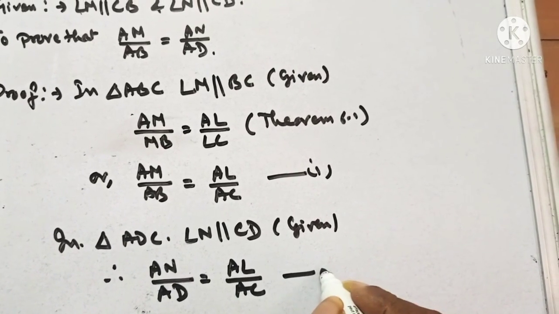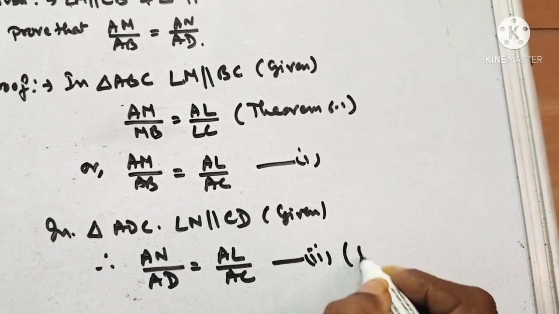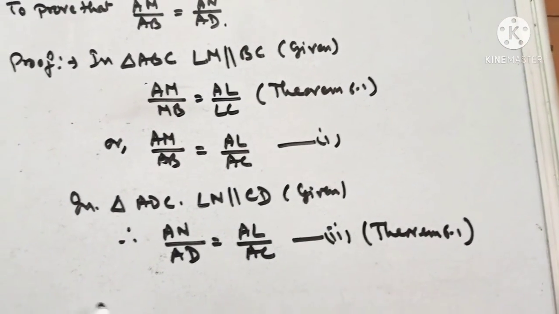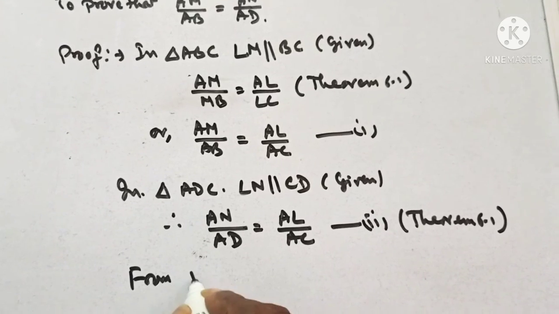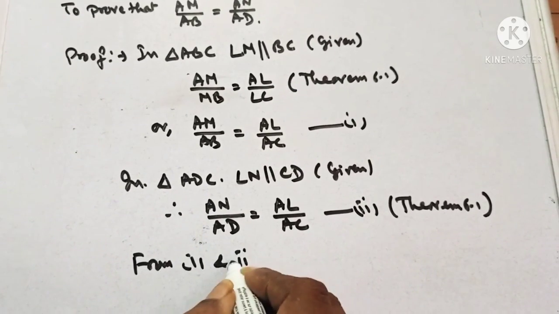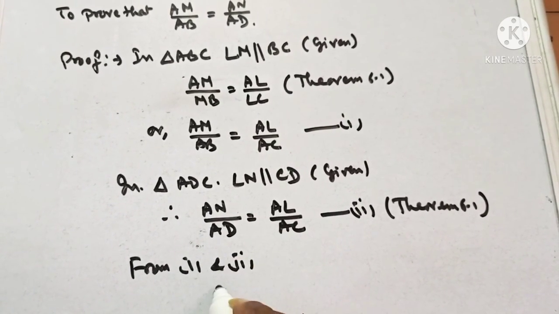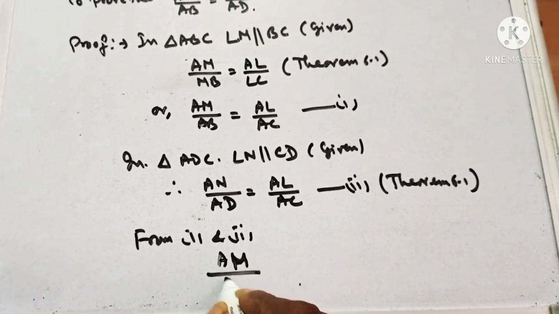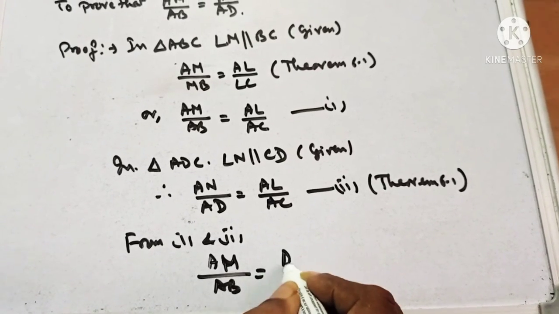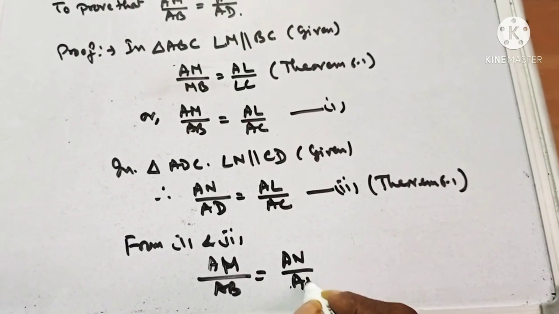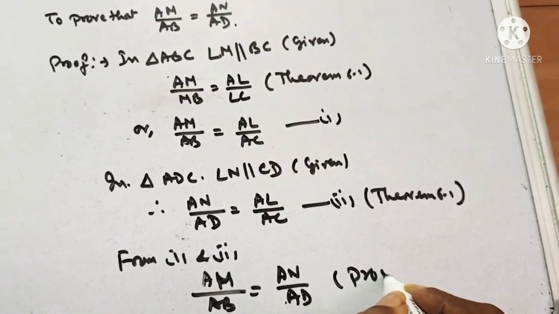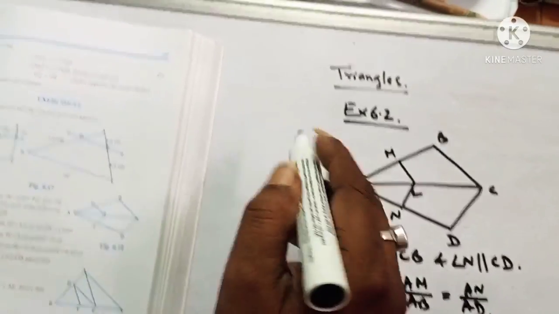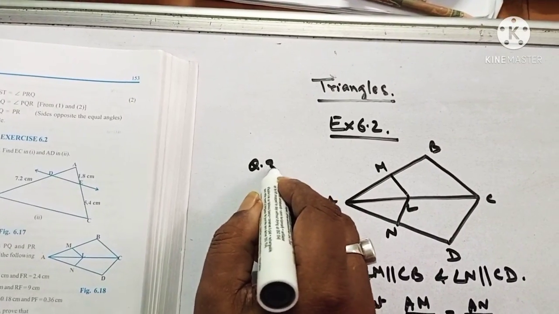This is equation 2, and from theorem 6.1 we can state that from 1 and 2 we get AM by AB is equal to AN by AD. This is proved. This is question number 3.